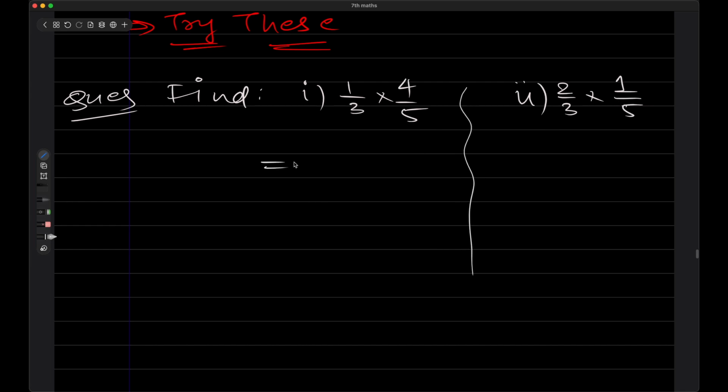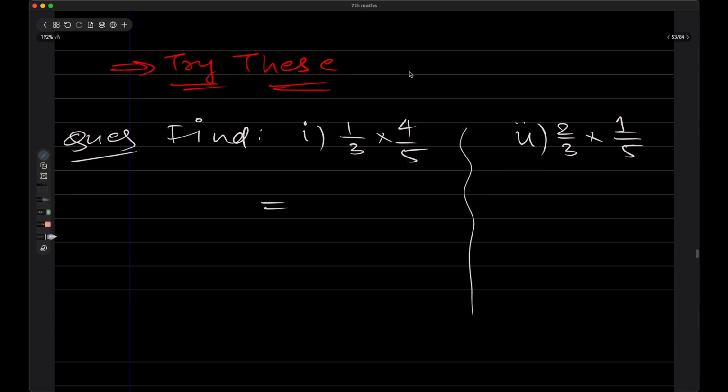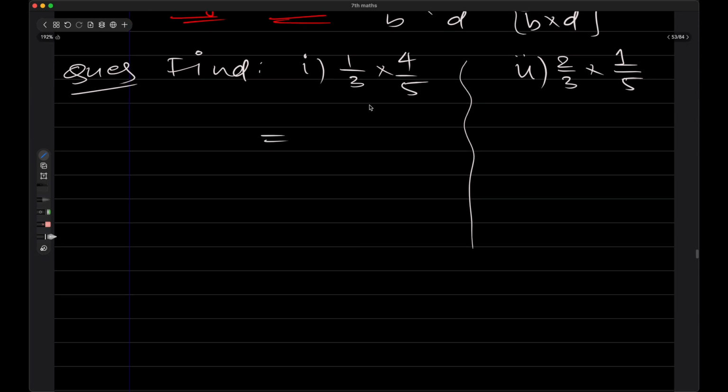The product of two fractions a divided by b into c divided by d is equal to the product of numerators, a into c, and the product of denominators, b into d. Here there are two fractions, 1 by 3 and 4 by 5.